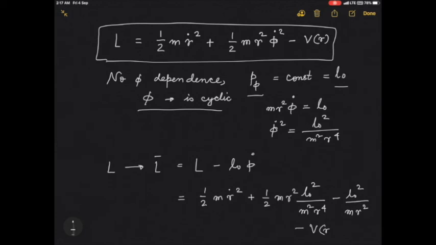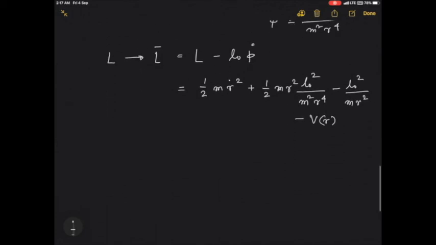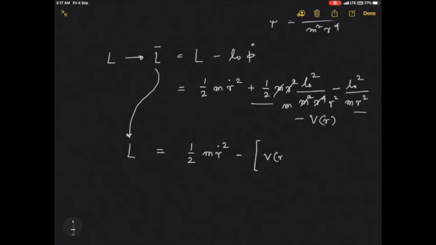And then I have the potential V as a function of r. If you work out a little bit, the m cancels, I am left with r square, and this has a plus sign and this has a minus sign. I can write my Lagrangian as half m r dot square minus, now I club these two together, V of r plus L0 square by 2 m r square.